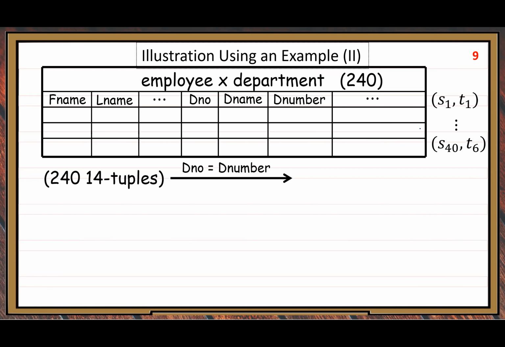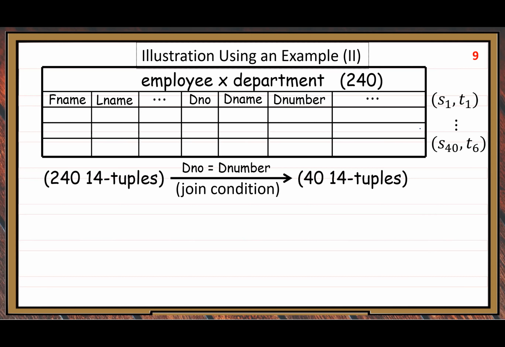So after this step, the join condition, we get 40 tuples. Because there are 40 employees, look at that. Each employee has a department number, right? So that department number, Dno, you connect to that department tuple.